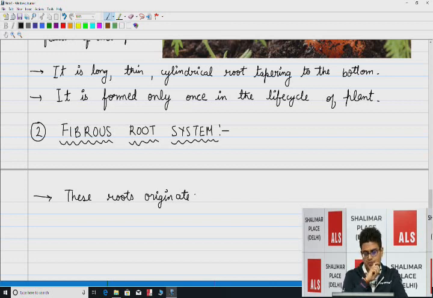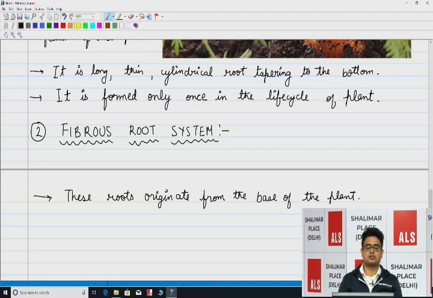So I'll explain. These roots originate from the base of the plant. But it is not giving a clear idea of where and how and why this fibrous root system is formed. So I'll explain you the reason.